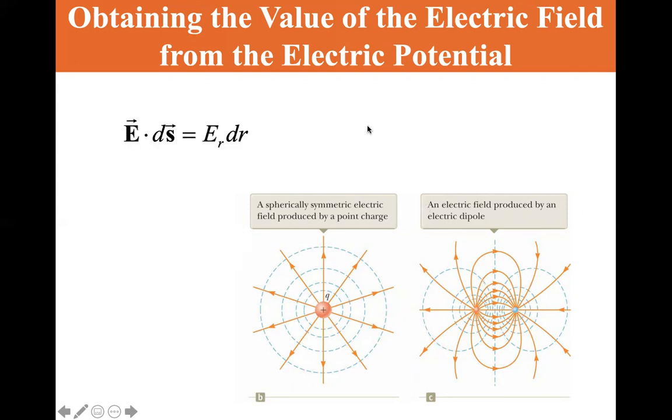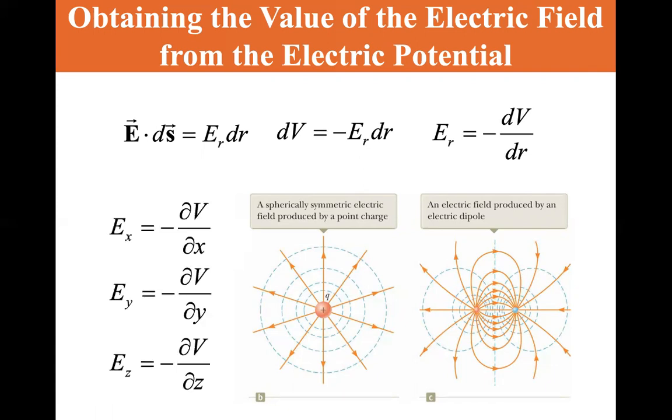So E dot ds is equal to Er dr, dV is equal to minus Er dr, and Er is equal to minus dV/dr. It's similar to what we had: Ex is equal to minus dV/dx. So we have Ex is equal to the negative of the partial of V with respect to the partial of x.